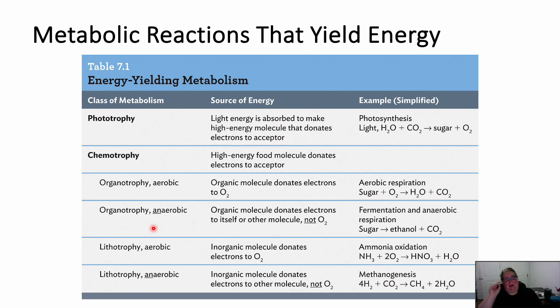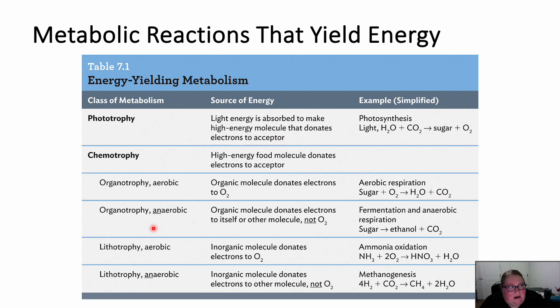That brings us to lithotrophy. We have aerobic and anaerobic lithotrophy as well. In aerobic lithotrophy, an inorganic molecule donates electrons to oxygen. This is going to be things like ammonia, NH3, donating electrons to oxygen to make nitrate and water. Anaerobic lithotrophy takes an inorganic molecule and donates its electrons to another inorganic molecule, something that's not oxygen.